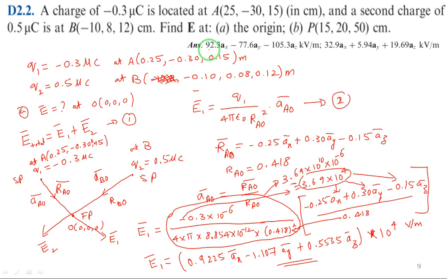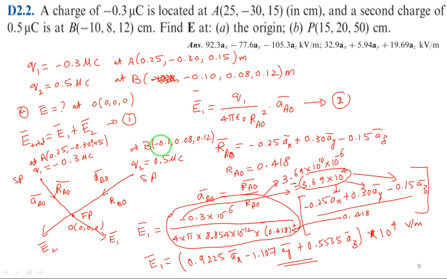Okay, I have to go to the previous slide. Okay, point B, let me write the points here: minus 0.1, comma 0.08, then 0.12. So B to O we have to subtract. So everything will be minus, will become plus.